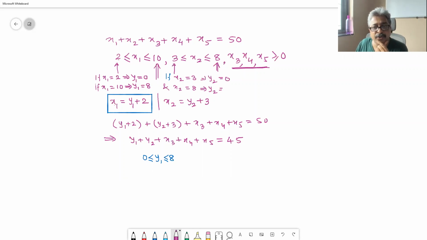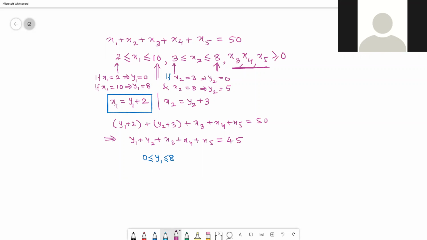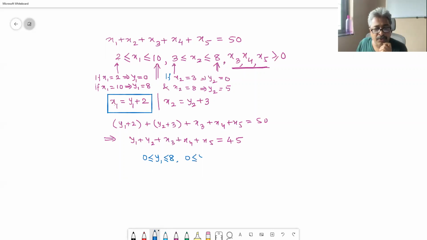If x2 is 8, y2 is 5. Therefore, my condition on y2 is 0 less than or equal to y2 less than or equal to 5. And the condition on x3, x4, x5 is greater than or equal to 0.